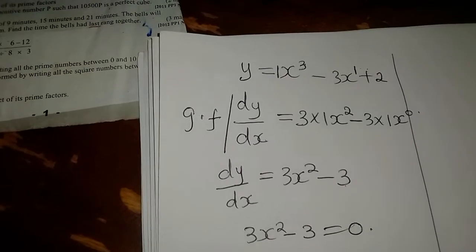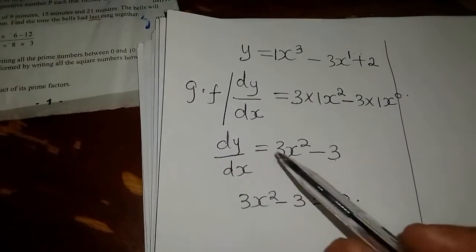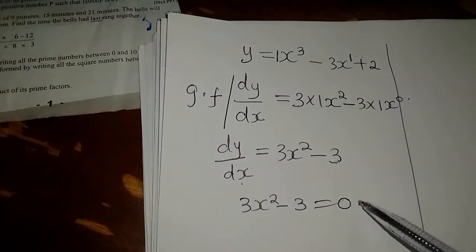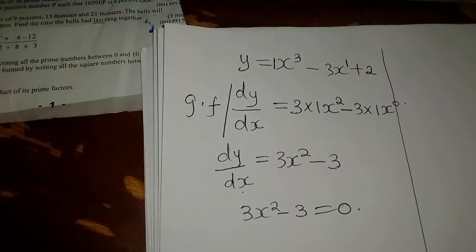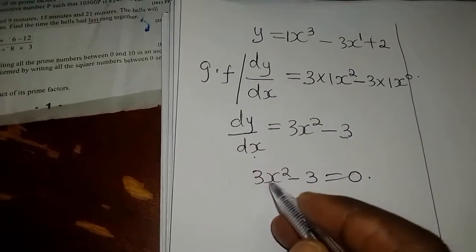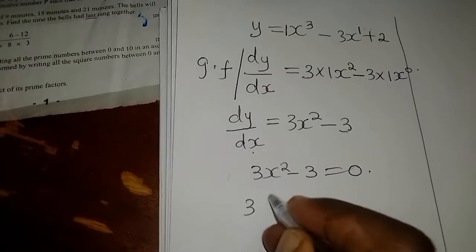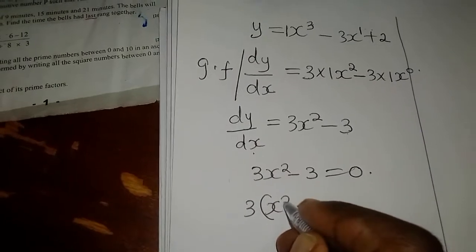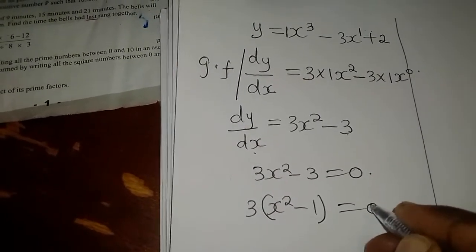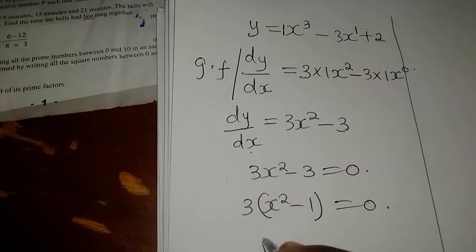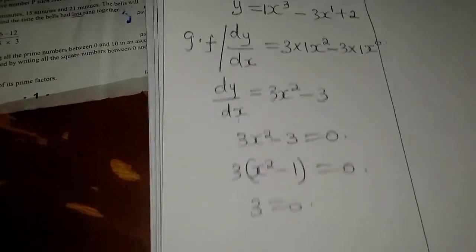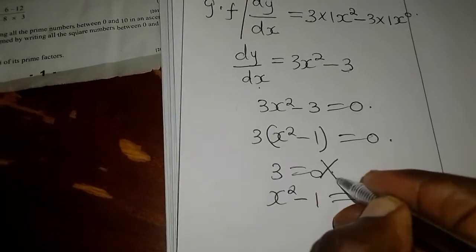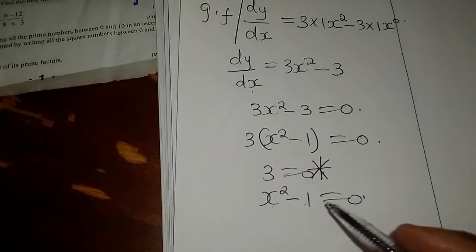I want the turning points of the curve, because at those points dy/dx, which is 3x squared minus 3, must give 0. So you look for the common divisor and factorize: 3 into the expression gives x squared minus 1, equals 0. The 3 can be dropped, leaving x squared minus 1 equals 0.